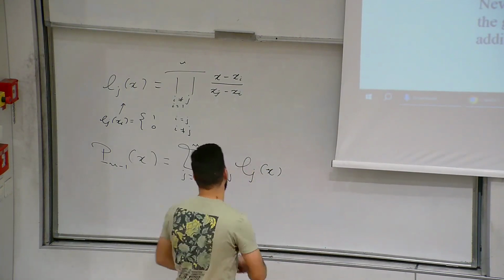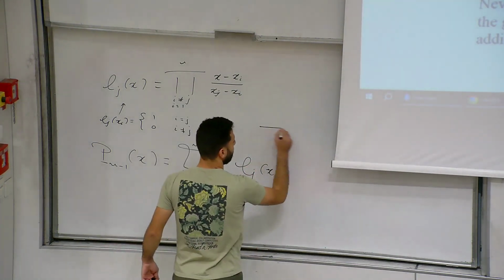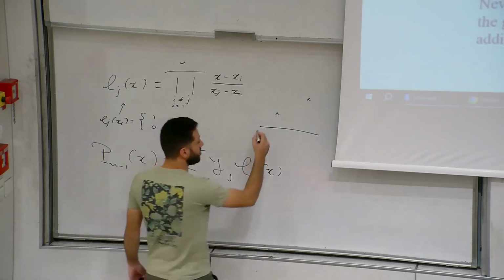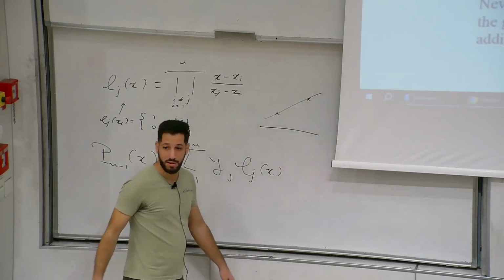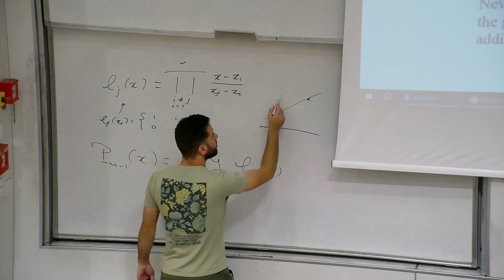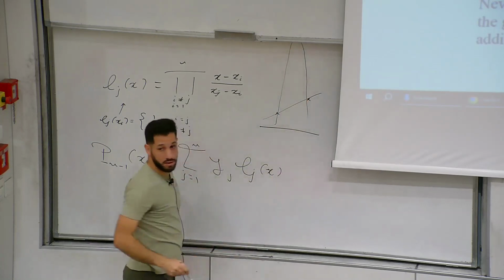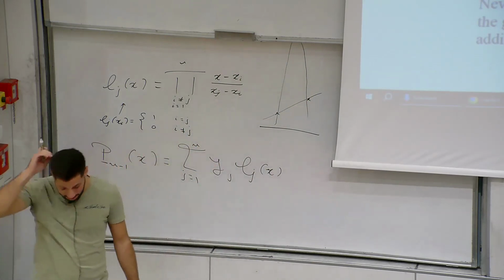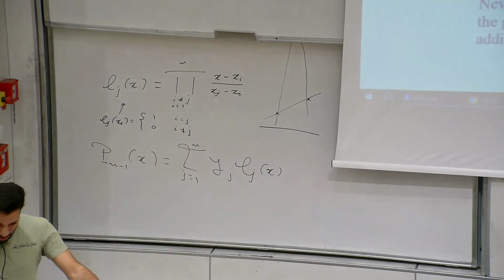So if someone gives you this value and this value, maybe the function is this. Maybe the function is this. And maybe much more.